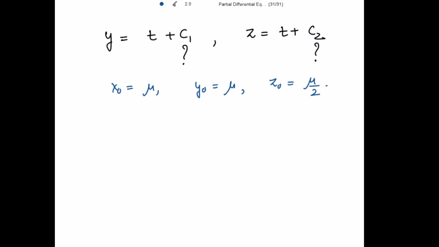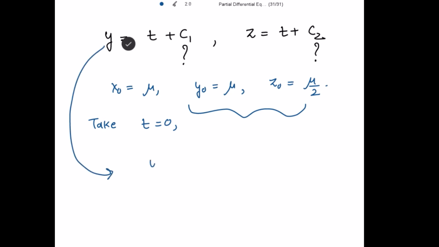Very fine. For the initial conditions, we take t to be equal to 0. So for t equal to 0, we have these conditions. So from y equal to t plus c1, when applying the initial conditions, y0 is mu and taking t to be 0 plus c1.